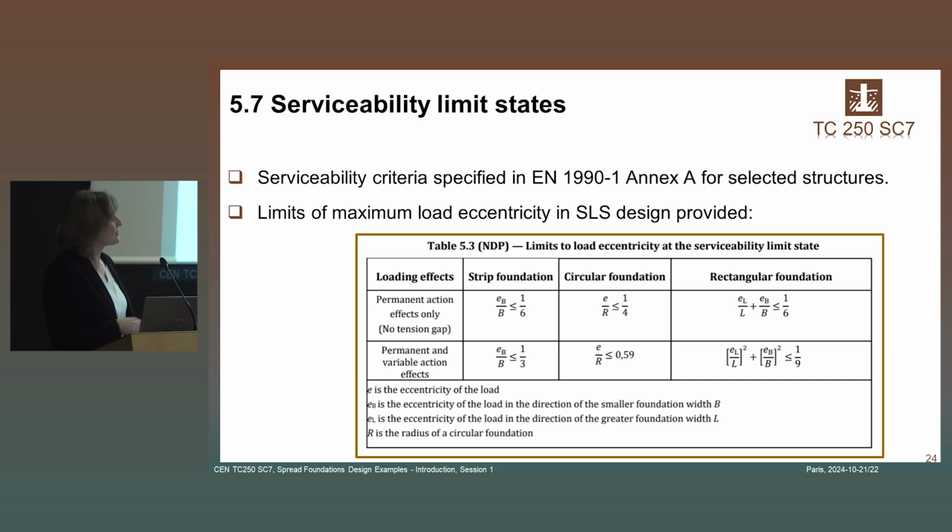Additionally, there are also limits of maximum load eccentricity in the SLS, which is this table here. This more or less should guarantee that the foundation base is mainly loaded by compression, so that you do not waste part of your foundation base for tension loading, which cannot be transferred to the ground. So this is a kind of prerequisite that is known also in other existing standards in the European Union at the moment.